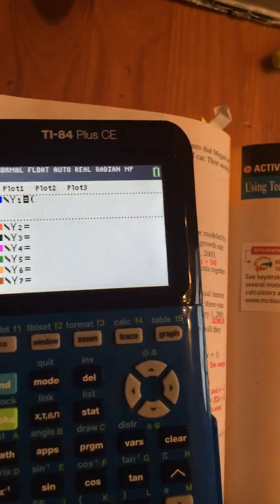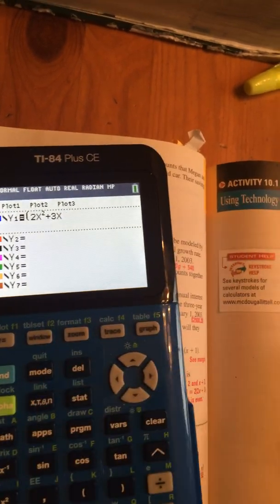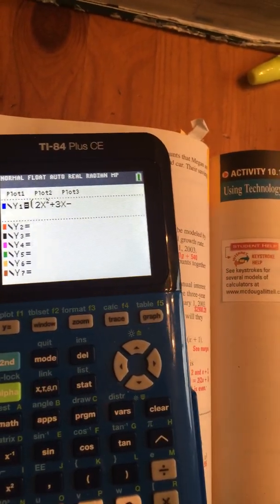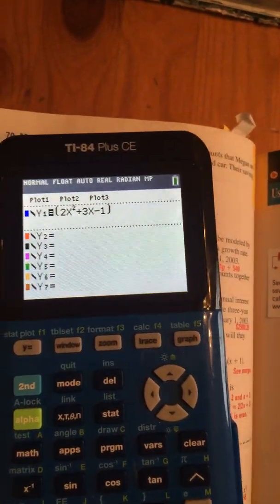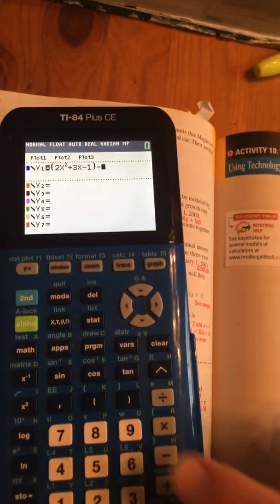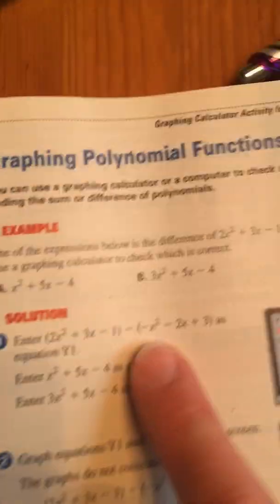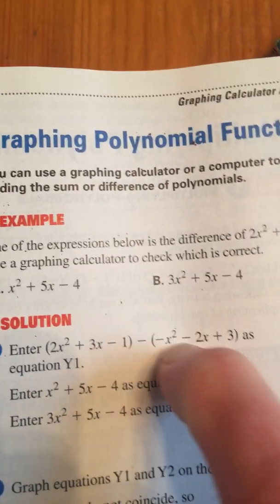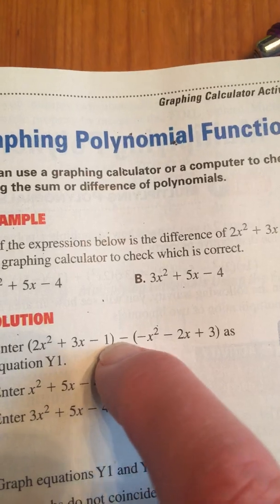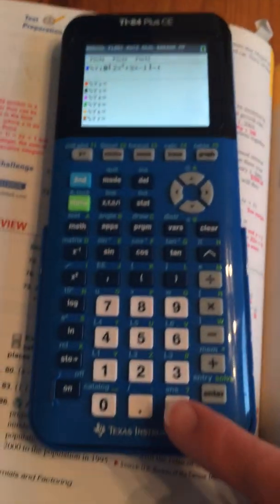So I'm going to put in this problem, and it was 2x squared plus 3x minus 1. Now notice I put that in beginning parentheses. Now I do end parentheses, and my problem was I was supposed to subtract these, so I go minus, and then I do beginning parentheses, and this equation. That is a minus because it's at the beginning of this equation, but this is a negative down here.